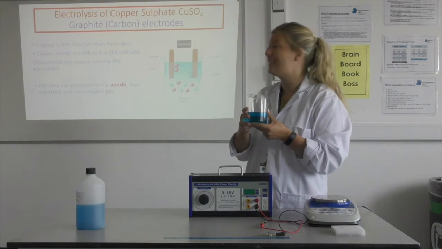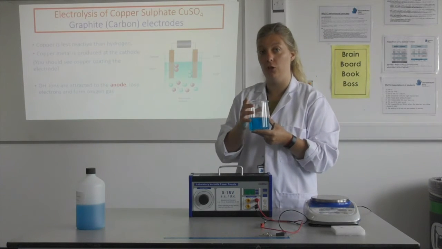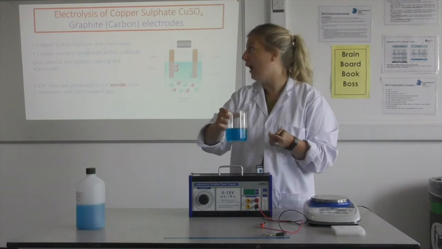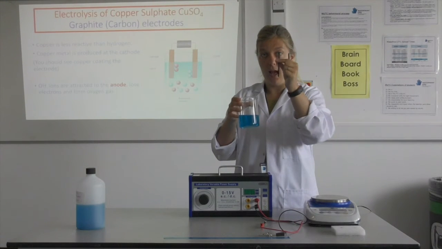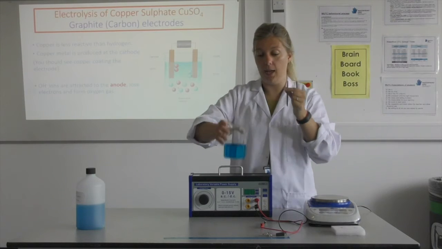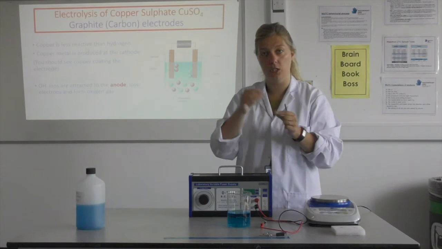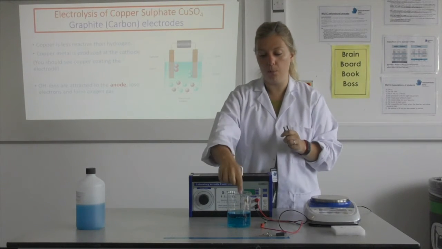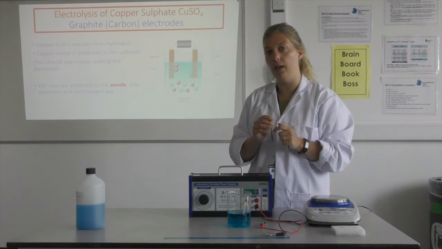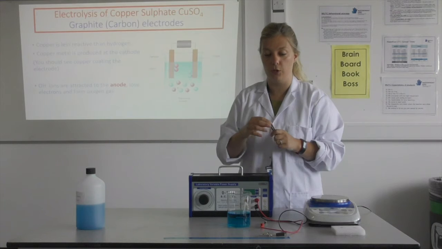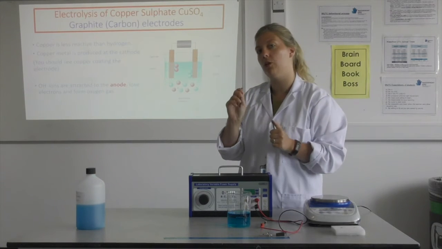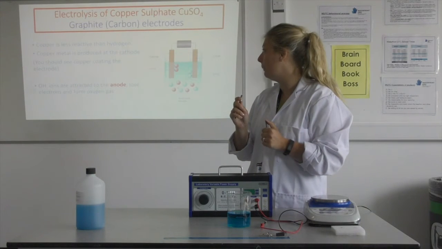But our copper is less reactive than hydrogen. So because it's less reactive, the copper metal will be produced at our electrode. And our copper, we've said, is positively charged. So the copper you should see forming around our negative electrode, which was called the cathode.